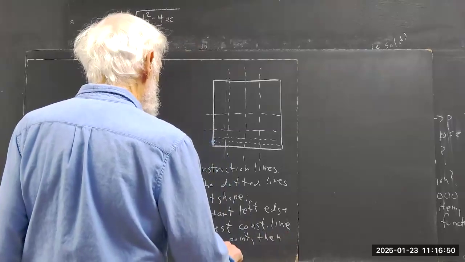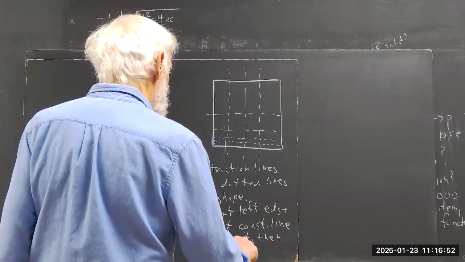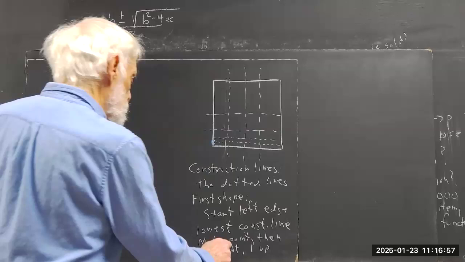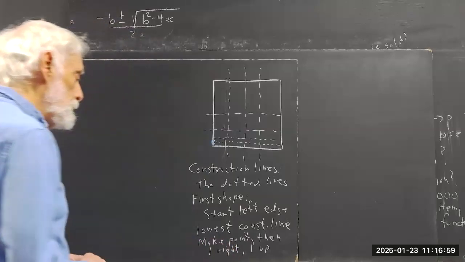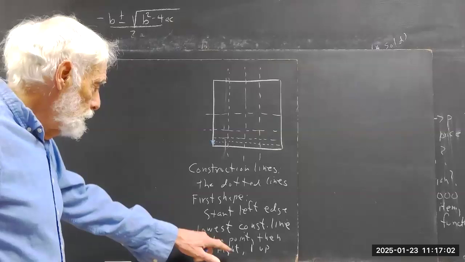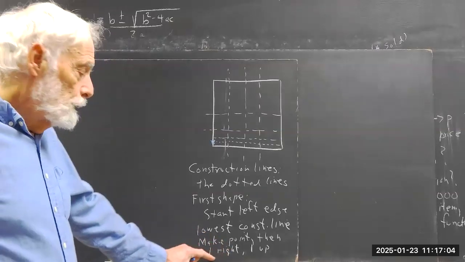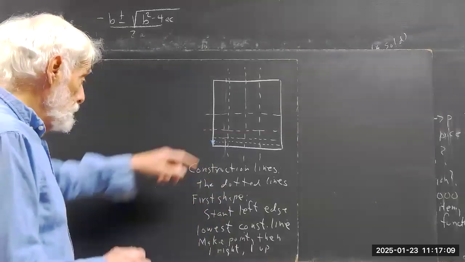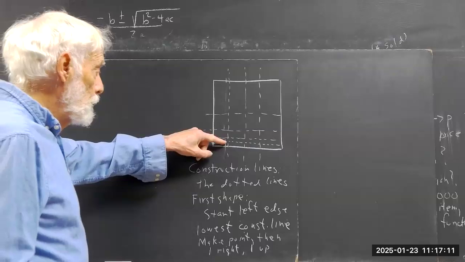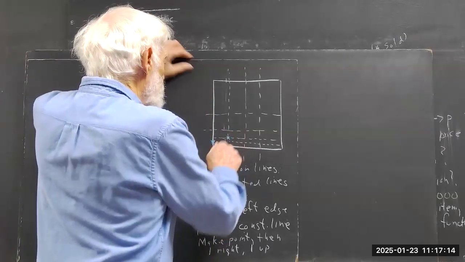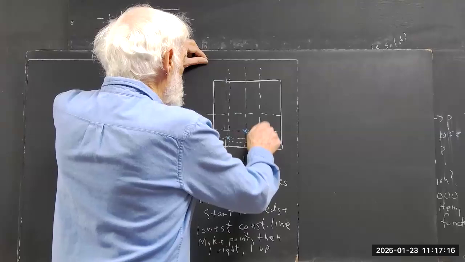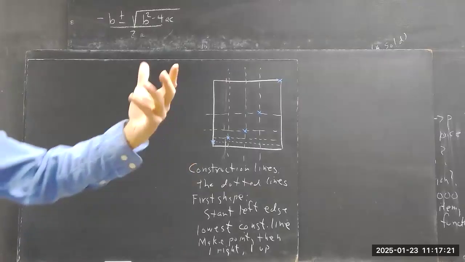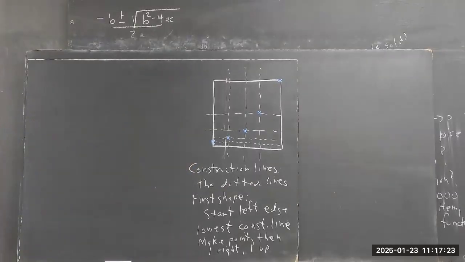It might be a little hard to read, so it's hard to write down here at the bottom of the board. I've got a little thumb injury, but you make a point, then you go one right, one up, which is pretty much what a lot of people did. There's some instructions. They start here, you go one right, one up, one right, one up, one right, one up, one right, one up. I think most of you picked that up last time. So it's a simple rule.